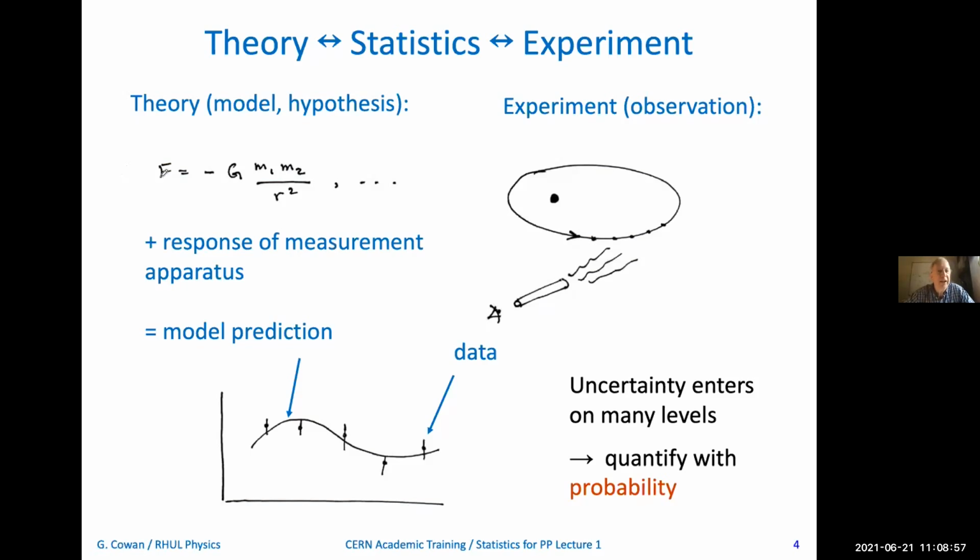That includes the response of whatever measuring apparatus is being used. But in any case, the starting point will be some fundamental theory, and then including a number of these steps and corrections for the measurement device, you wind up with what I'll call a model prediction.